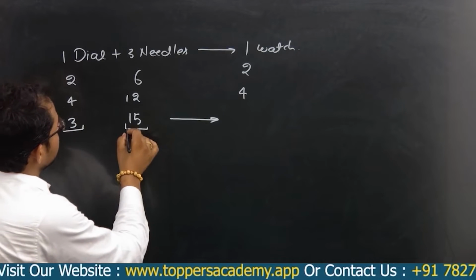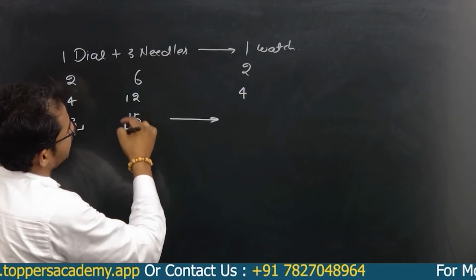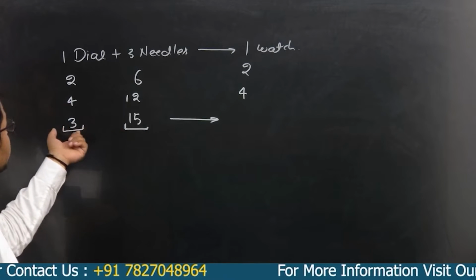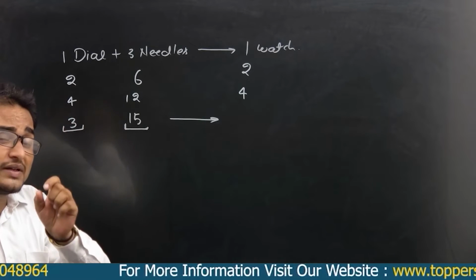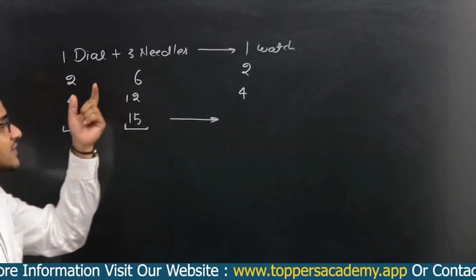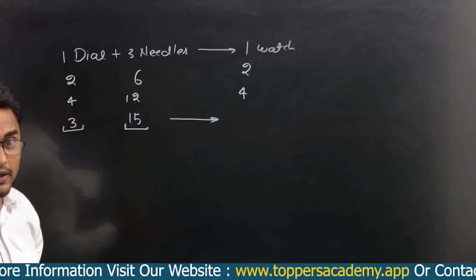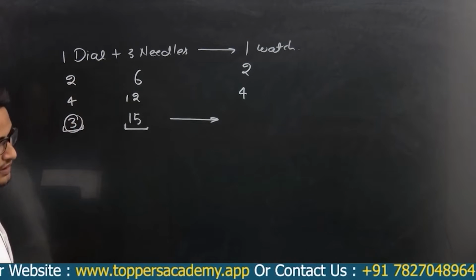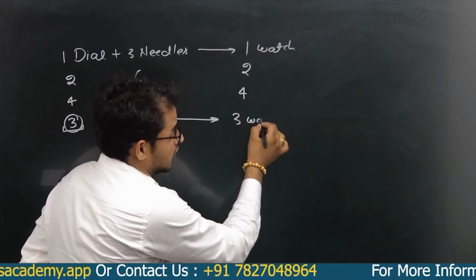But according to the needles, if 3 needles form 1 watch, then 15 needles form 5 watches. But for the formation of 5 watches, we must have 5 dials, and there are only 3 dials. So we decide the number of watches according to the number of dials, because it is lesser than required. So the dial is the limiting agent, and it will decide the product, so 3 watches will be formed, not 5 watches.